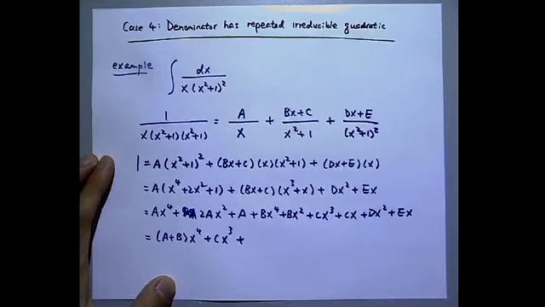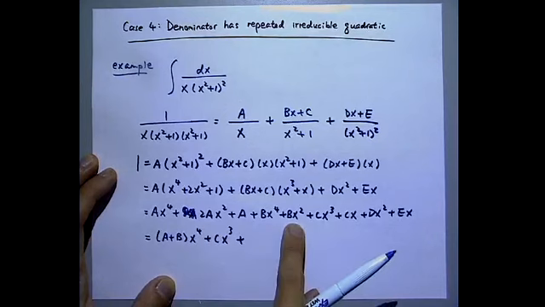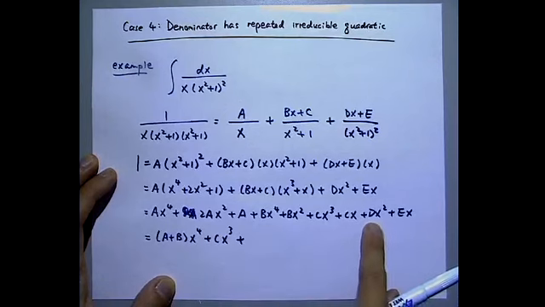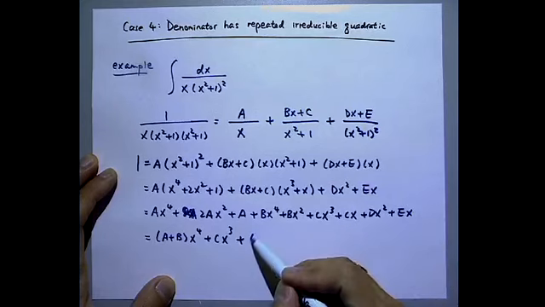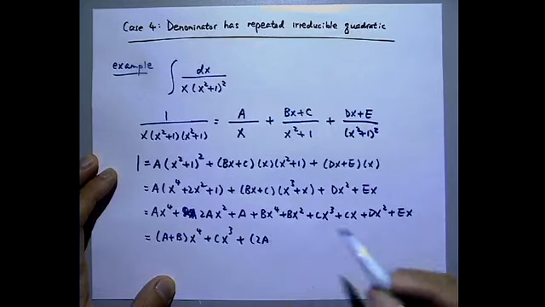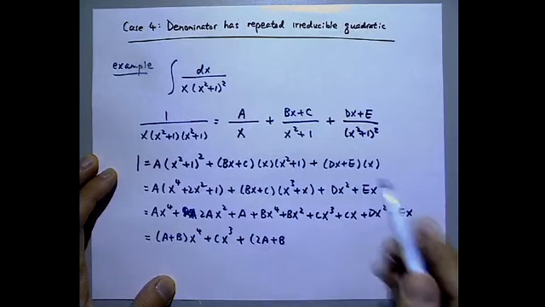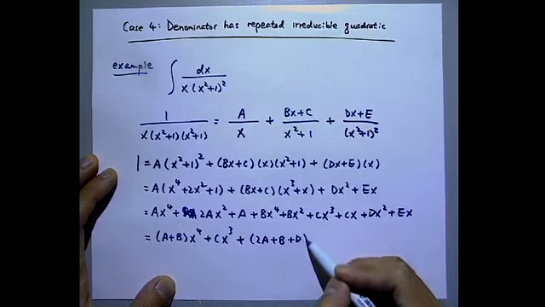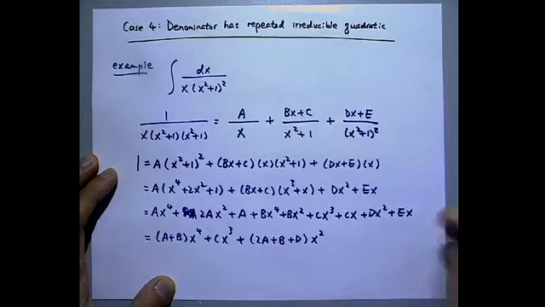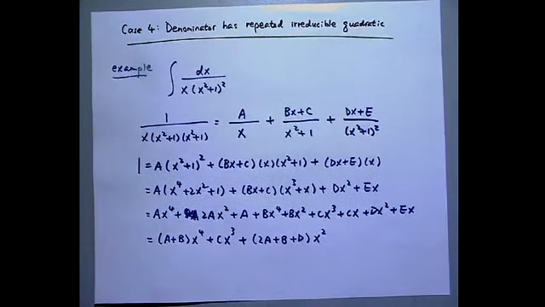And let's see the square terms. We have 2a, b, and d. And what else?